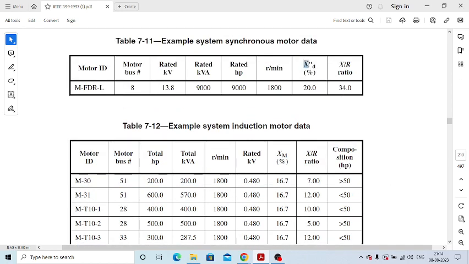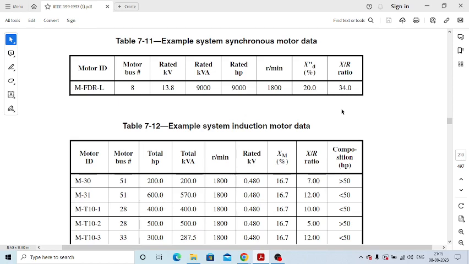So how is Xd double dash important? In a synchronous generator we have three windings, no? Armature winding, field winding, and damper winding. If you remember electrical machines, in an alternator or synchronous motor it has three windings: armature winding, field winding, and damper winding.